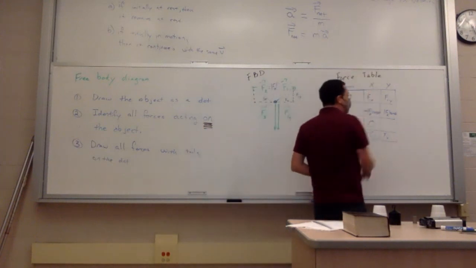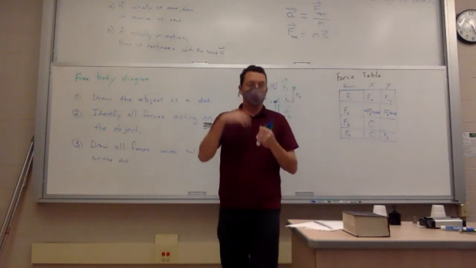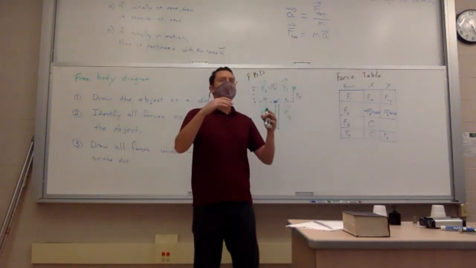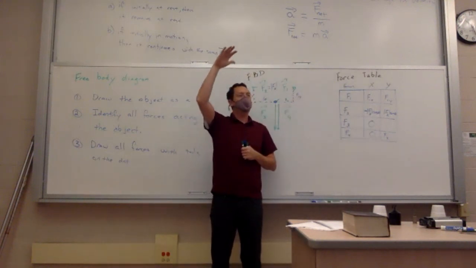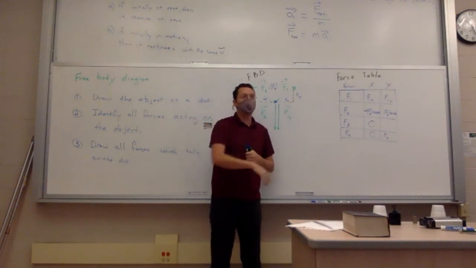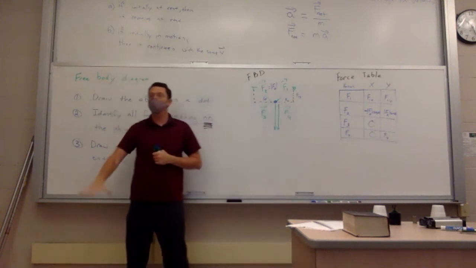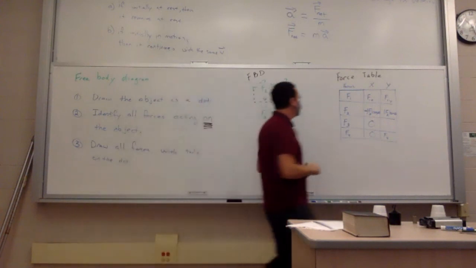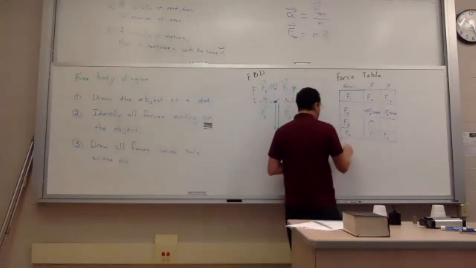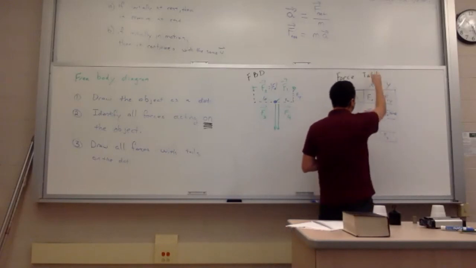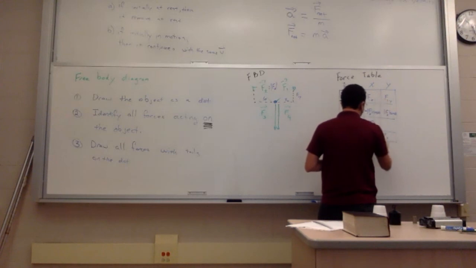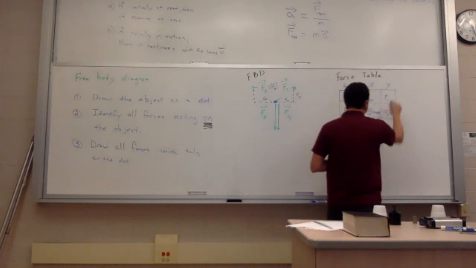When you're done, remember, vector addition, because we want the net force, and for vector addition, that's just normal addition on the x components, and normal addition on the y components. That means when we're going to construct the net force, you just add up the column.